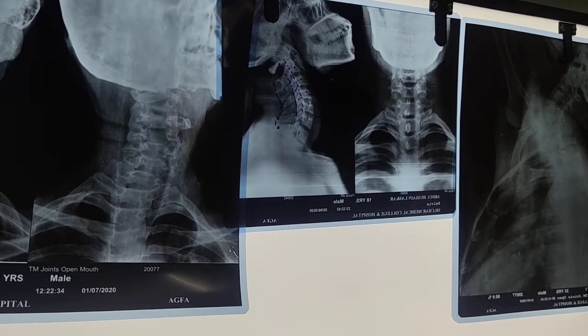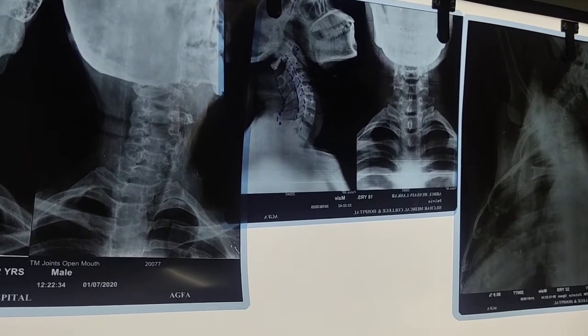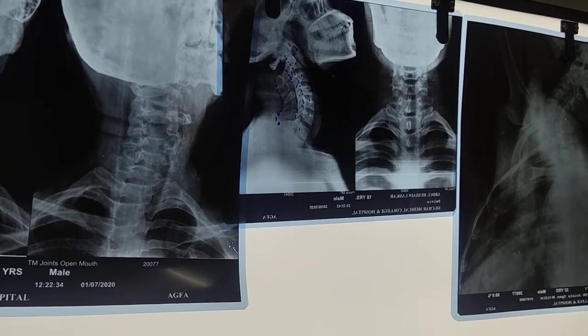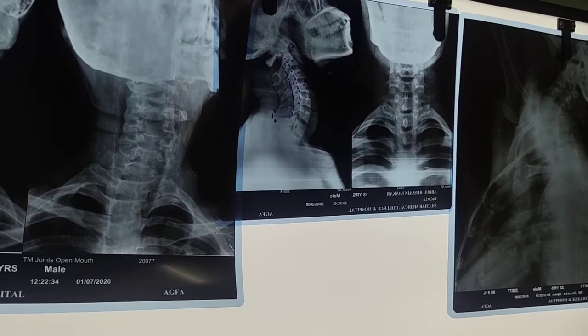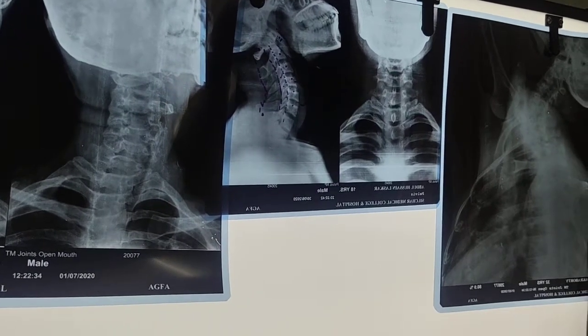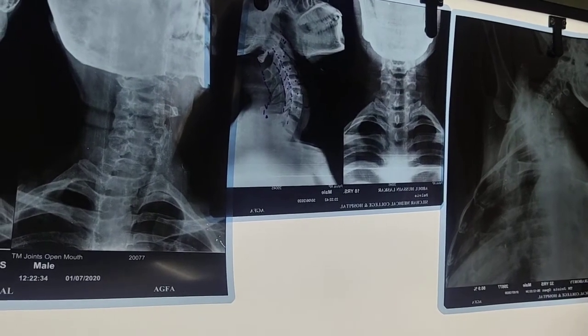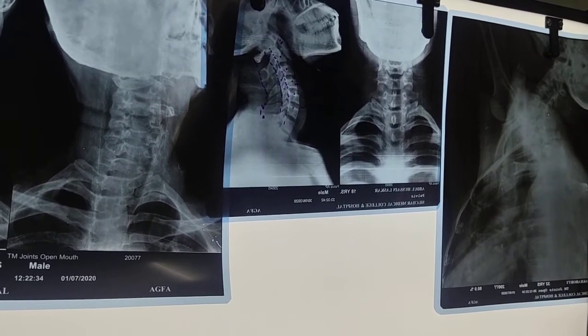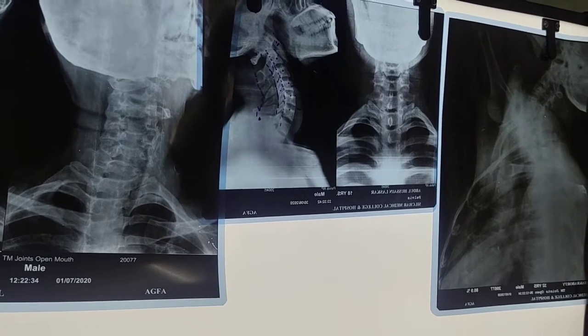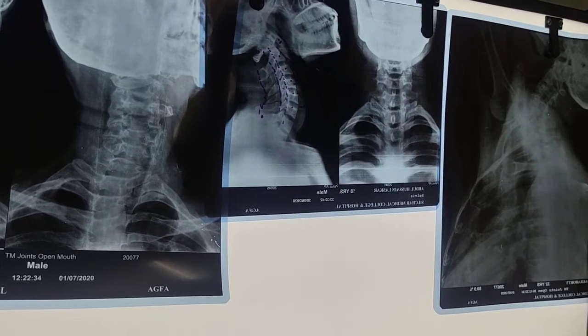On the other hand, in an infective condition, if there is more swelling than the normal depth of the soft tissue, it indicates an abscess, particularly in the case of tuberculosis. So this is the importance of the retropharyngeal space or prevertebral soft tissue swelling.